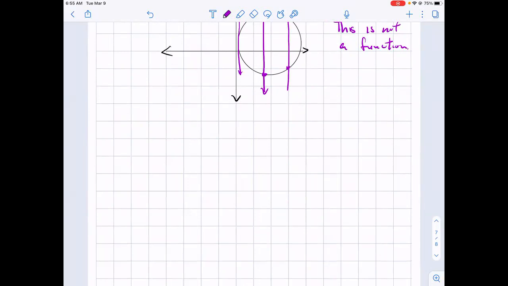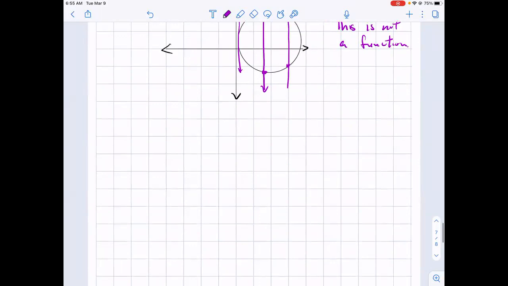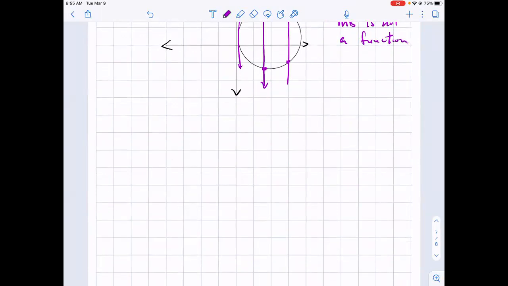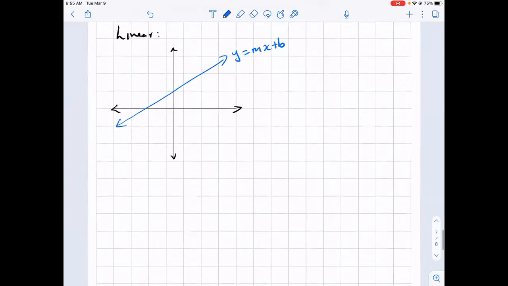As I said before, if we look at linear graphs, there are only three ways to draw a linear graph. The first one is when it's in y equals mx plus b.